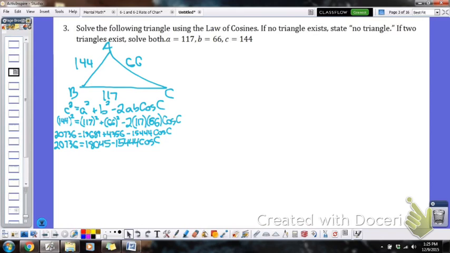To solve for cosine of C, I am first going to subtract 18,045. Remember, I cannot subtract these because the 15,444 is multiplied by cosine C, so that is why I have to get rid of the 18,045. So I have to make sure I do that to both sides.